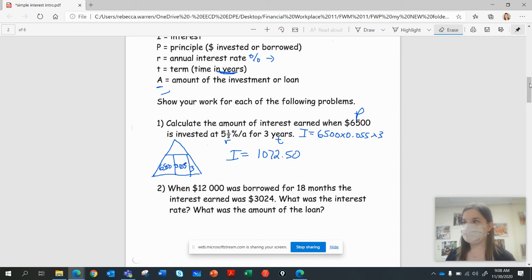Point zero. So 0.055. Keenan, what'd you get? The first one, 6,500 times 0.055 times 3. Okay, so it was just the decimal. There was a decimal there. So it was right the first time.